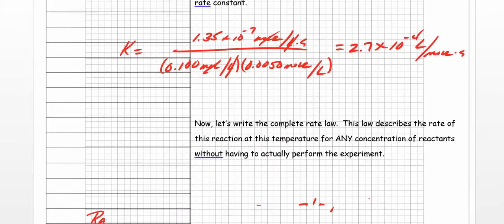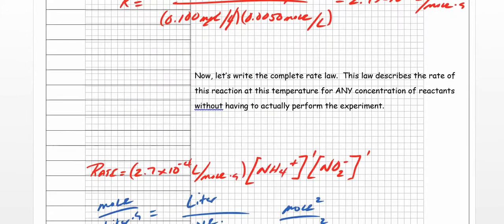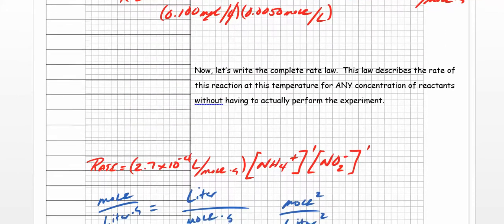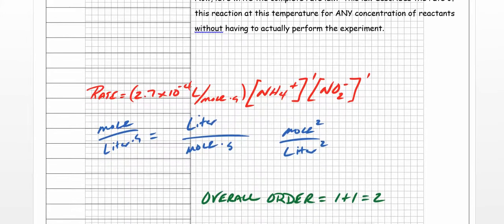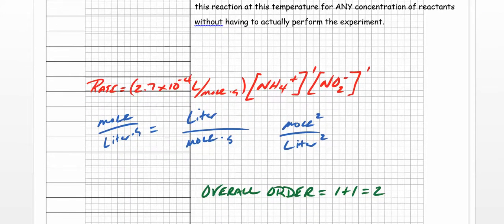The rate law describes the rate of this reaction at this temperature for any concentration of this combination of reactants without having to actually do the experiment. So here it is. The rate law can be written as rate is equal to K, which is 2.7 times 10 to the minus 4, that's what we just calculated, in liters per mole per second, times the concentration of NH4 plus to the first power, times the concentration of NO2 minus to the first power.